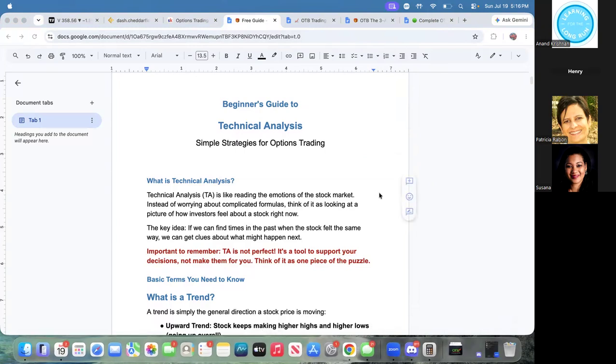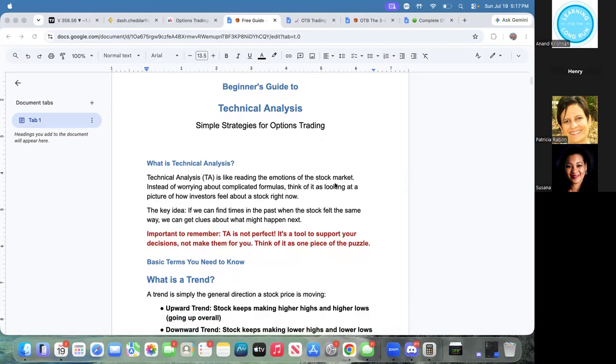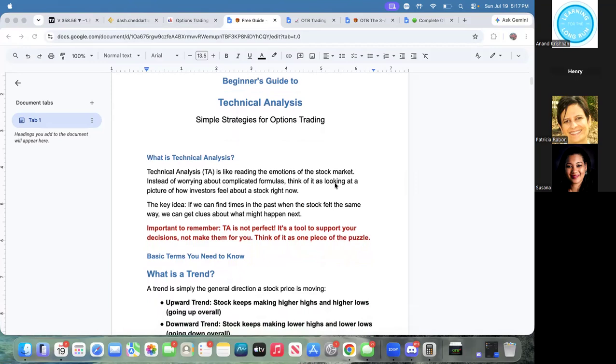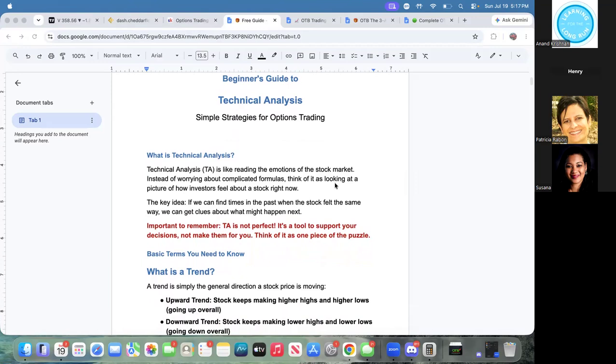All right. What we have is one of our guides, the beginner's guide to technical analysis. It's pretty much the starting point, where you'd get with observing a stock and recording its story in a way, because technical analysis is a way of measuring what's happening to a stock.